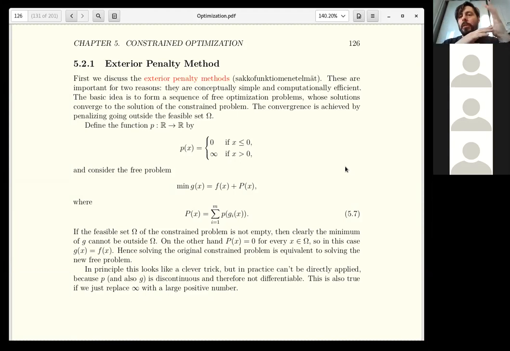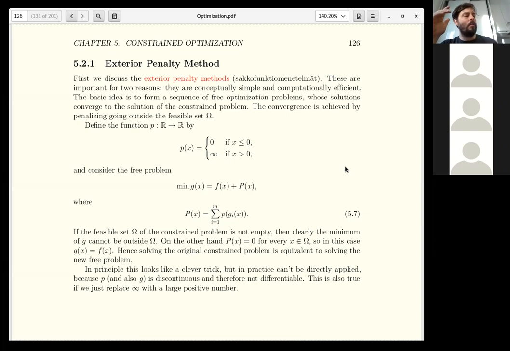They're important for two reasons. They're simple and usually computationally efficient, as long as the constraint functions are fairly easy to handle, and we can easily detect an interior point of the problem.